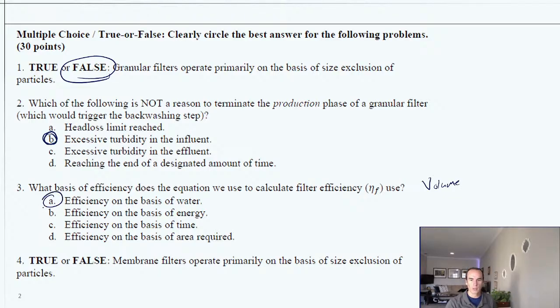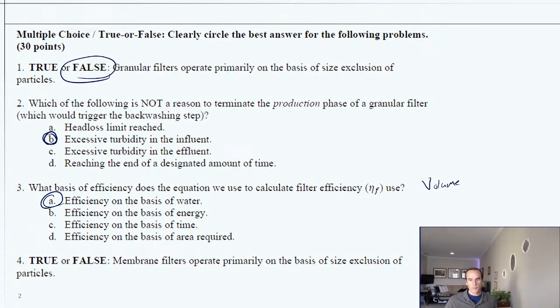How much water we used would be the correct answer there. It is not necessarily energy, not necessarily time. If we backwash really, really fast, that would have the same efficiency as something that backwashed really slowly, even though the time would be different, if you use the same amount of water for each.